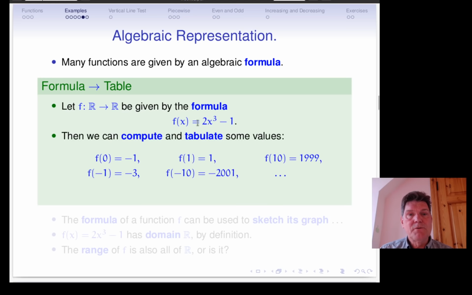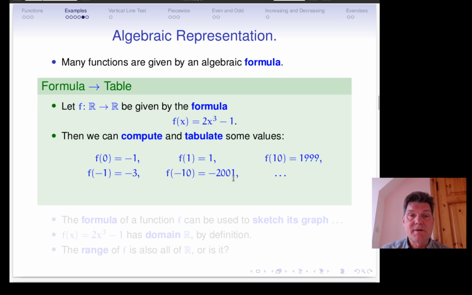We can compute the function value at 0 by substituting 0 for x in the formula, and we get minus 1. Substituting 1 for x in the formula, we get 2 minus 1, which is 1. Substituting 10, we get f of 10 is 1999. f of minus 1 comes out as minus 3.